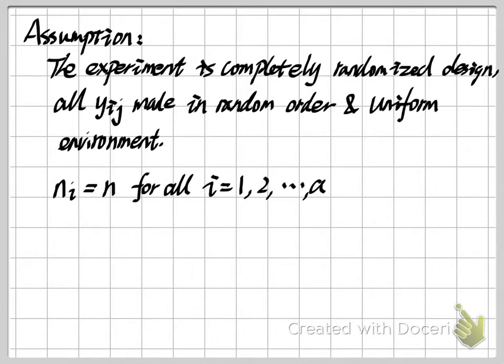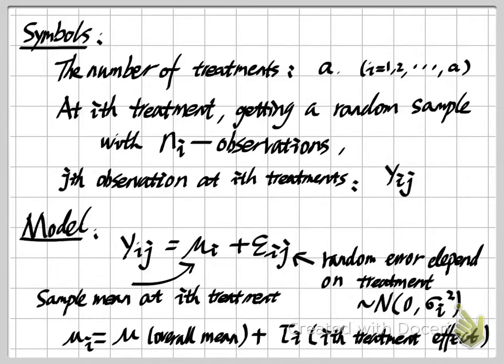So the first one is, in the previous video when we talked about the model, we already said this mu i. This mu i may be different for each of the treatments. But this is just a guess. It could be different, it could be the same.